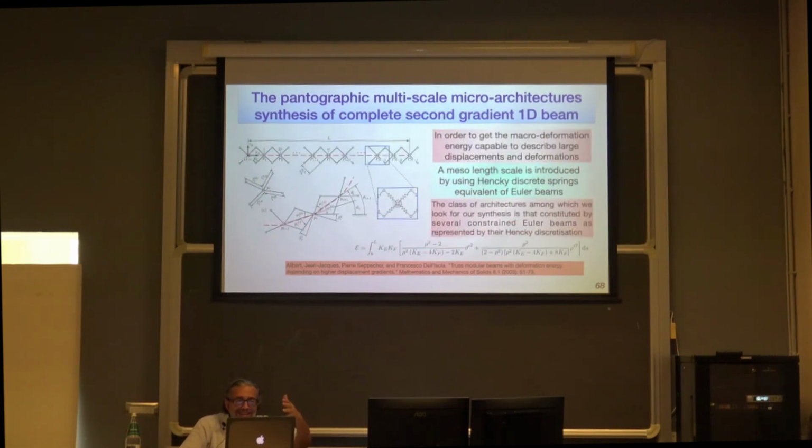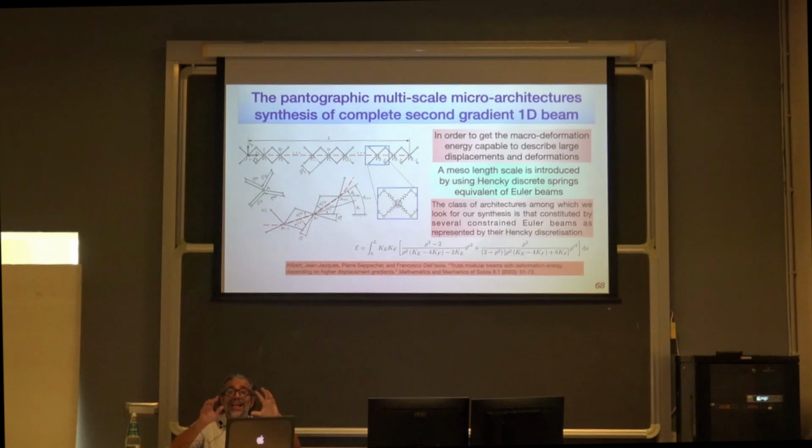Okay, then we developed and we got this result with Emilio Barchiesi. We got the energy in large deformation regimes. Okay, and the idea was using Hencky discrete springs equivalent to Euler beams.